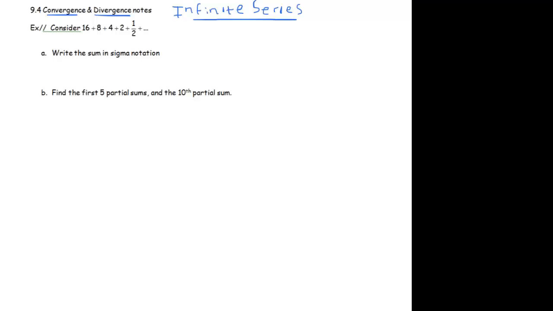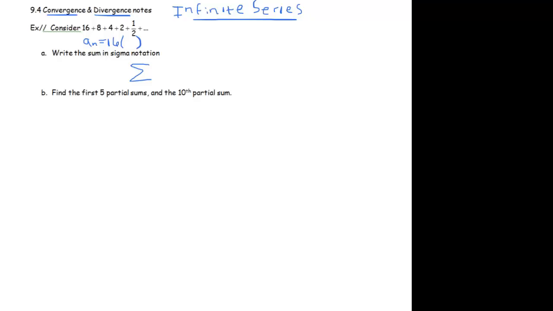It says consider 16 plus 8 plus 4 plus 2 plus a half plus ... We have to write this in sigma notation. So I'm going to get my sigma sign down here. Since this looks like a geometric sequence, if you ignore the pluses, the numbers form a geometric sequence. I know that the form of that is my first term times my r value.